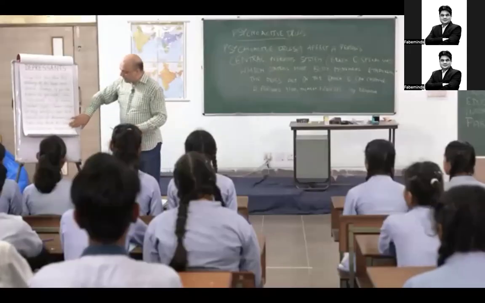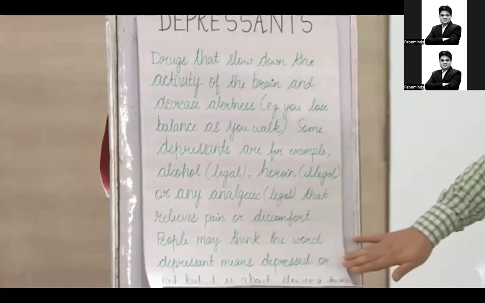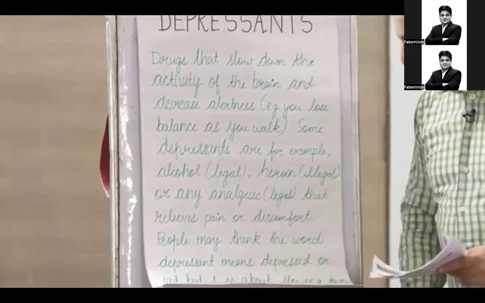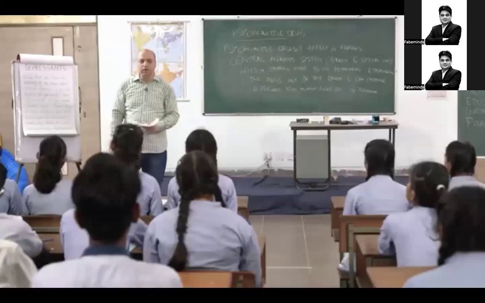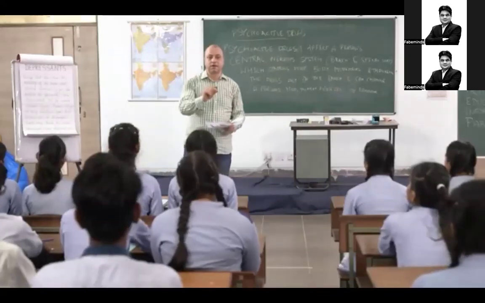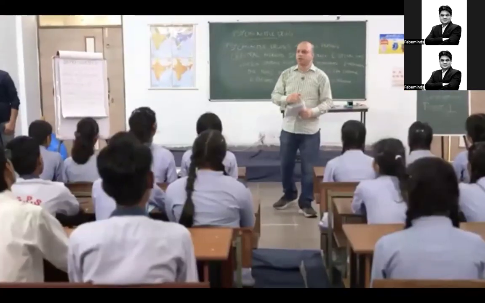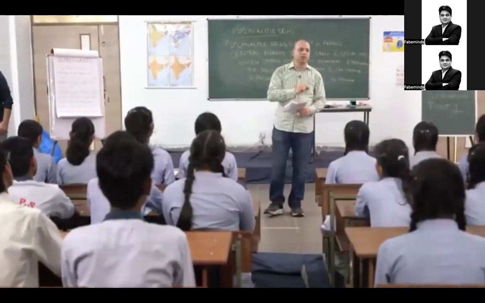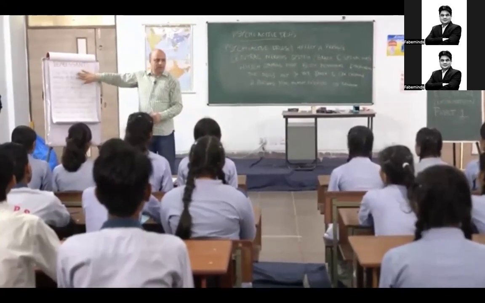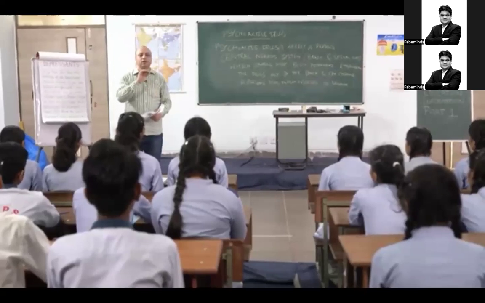People may think the word depressant means depressed or sad, but it is about slowing down the brain activity. In depression, you're sad. That's a mental health condition. But when we say these drugs are depressants, we are not referring to a mental health condition called depression.